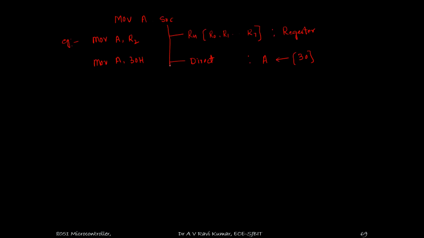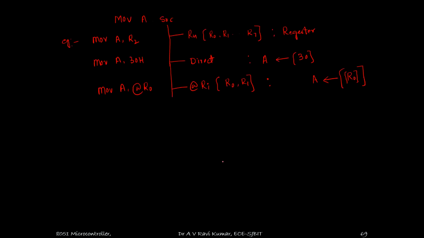Next we have indirect addressing. As we know, Ri has only R0 and R1. These two registers are the indirect registers. How can we represent it? For example, MOV A, @R0. The operation performed is that the content of R0 holds an address, and the data at that address is moved into the accumulator.